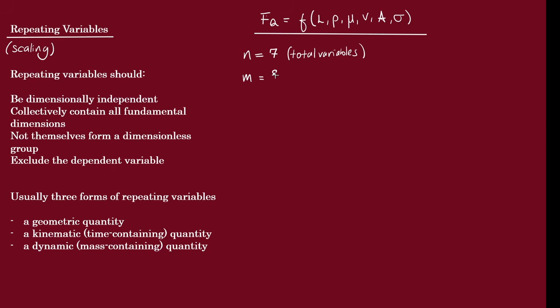So m is going to be 3. So that's fundamental dimensions. Okay? And remember what we said about Buckingham Pi. If we know n and we know m, we can come up with the number of pi groups we're going to end up with. So n minus m is going to be 4. So these are 4 dimensionless pi groups.